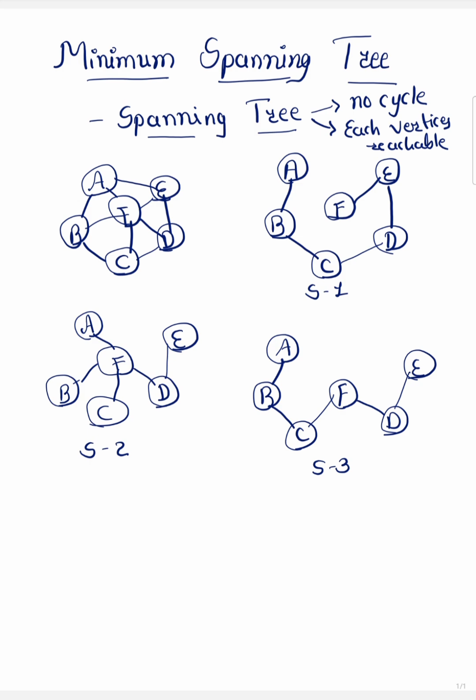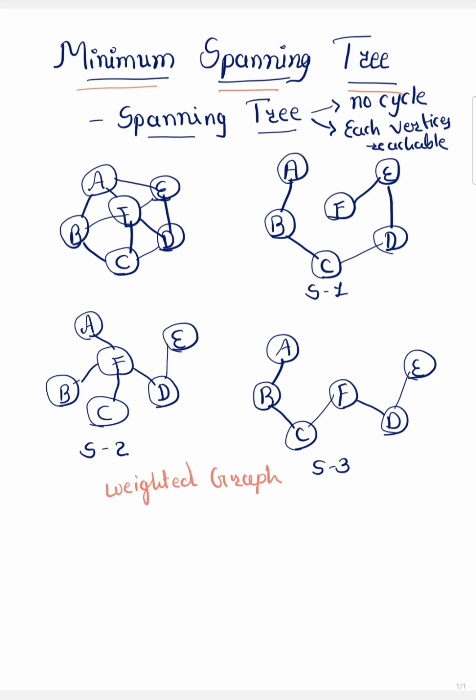Now here we are talking about minimum spanning tree. So what is a minimum spanning tree? For that, we should assign a weight to each of the edges, because it is for a weighted graph. If I talk about a minimum spanning tree, it must be a weighted graph. Then and only then we can apply the algorithm of minimum spanning tree, right?